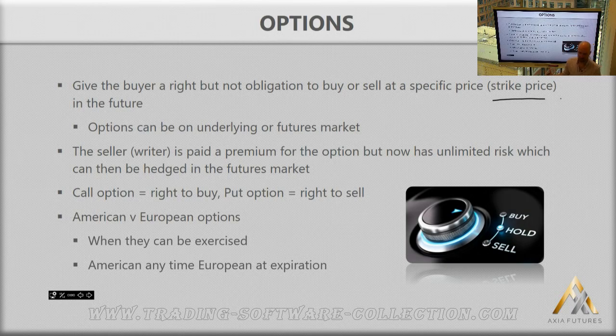CME, so the US markets are all European, apart from the S&P 500 options. The quarterly S&P 500 options are American, which is why you don't see a great deal of activity on US option expiry compared to European option expiry.